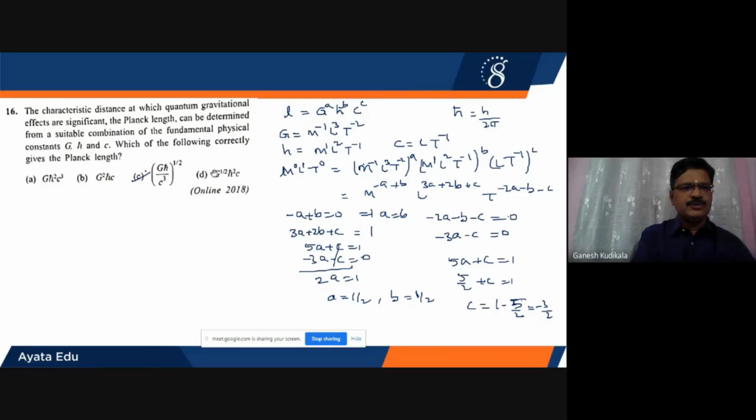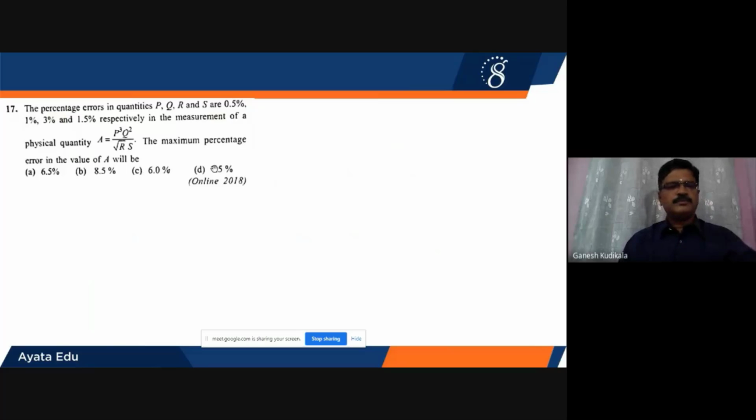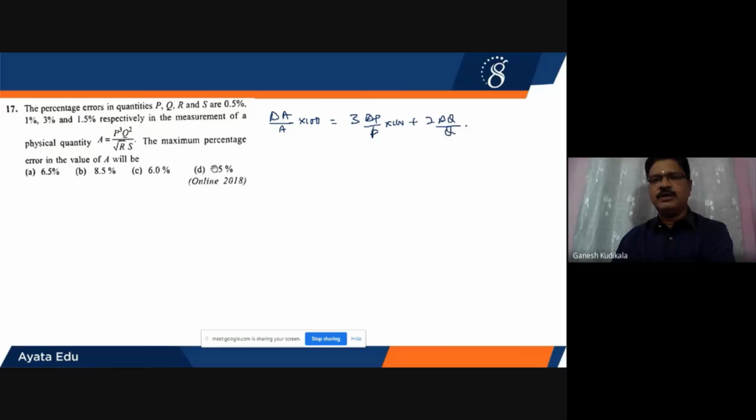Let us move on to the next question, the 17th one. The percentage errors in the measurement of p, q, r and s are given. Then we have to find the percentage error in the given formula. So from the formula I can write delta a by a into 100 is equal to 3 into delta p by p into 100 plus 2 into delta q by q into 100.